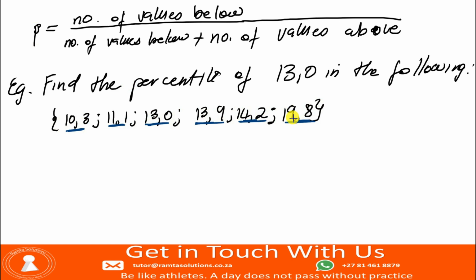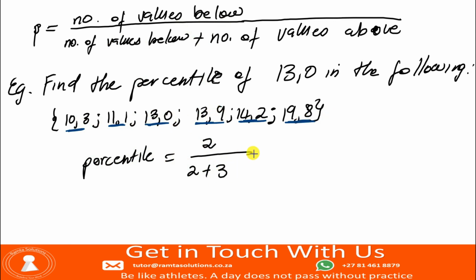Can you see that? So we are asking what is the percentile of 13? Where is it? Here it is. Number of values below 13: how many are they? They are 2. And how many values are above this 13? It is 3.